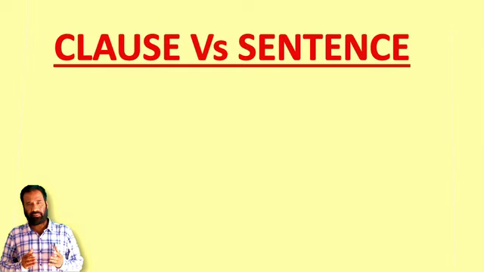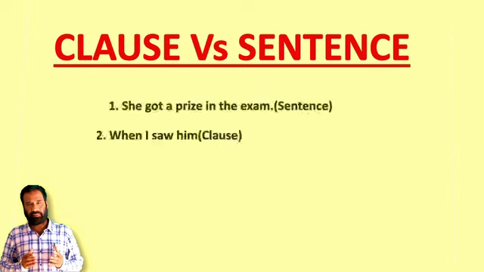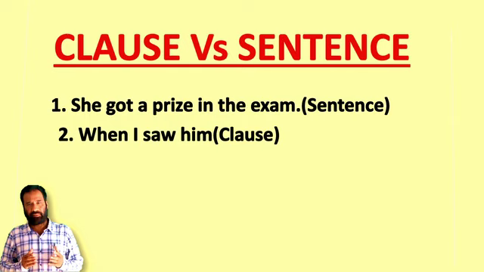Let's have a look at the difference between clause and sentence. Observe the first sentence. She got a prize in the exam. This sentence has a subject and predicate. It gives complete sense. It stands on its own. This is called a sentence. Study the second one. When I saw him.